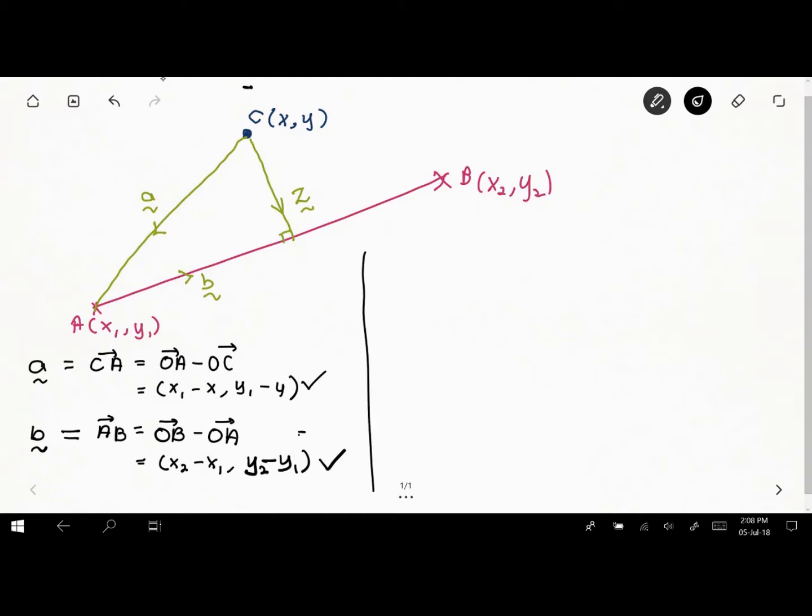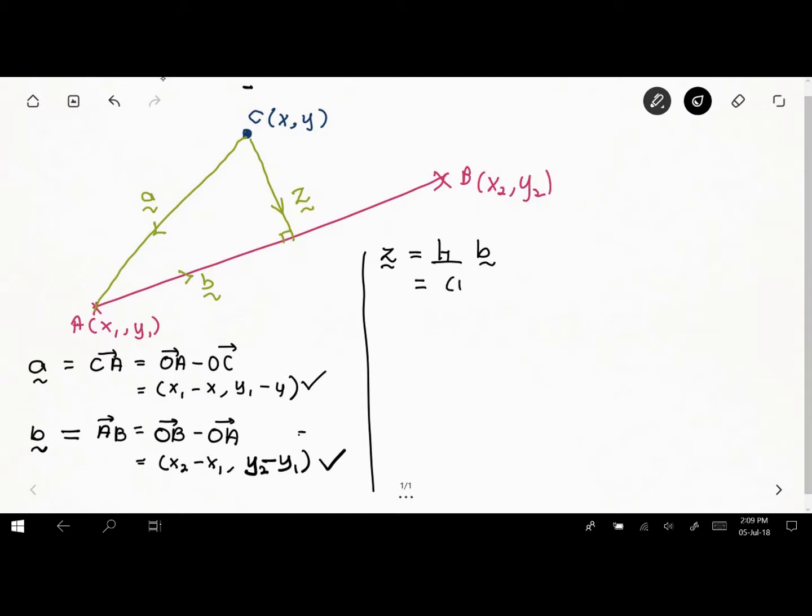Next, we need to find Z. Z is simply the perpendicular of B, which means we need to switch the x and the y around and put a minus in one of the coordinates.